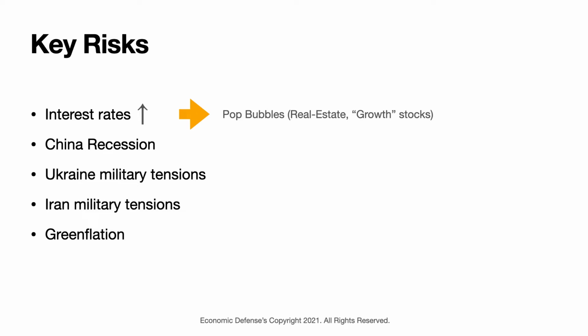But when interest rates normalize, these very far out future profits have to be discounted, and then they are equal only to a few cents today. And so when interest rates rise, all these speculative stocks would become much less valued and might crash.